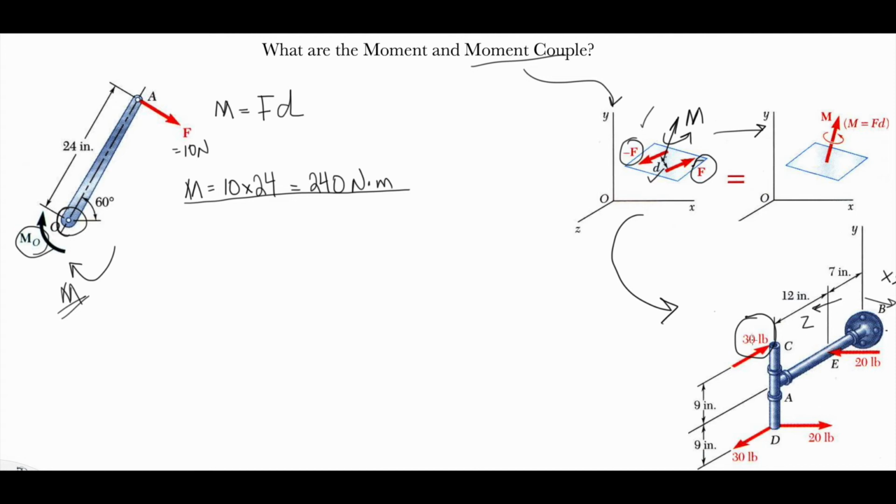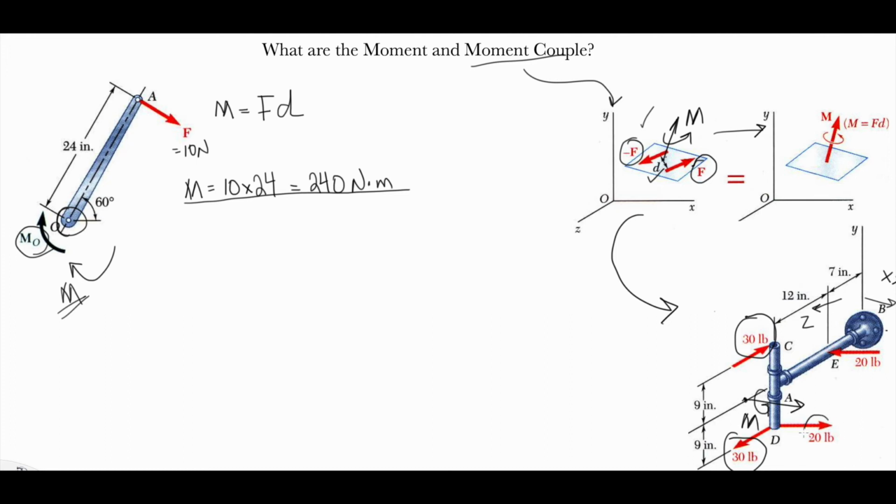So 30 is going in the negative Z direction, and this 30 is going in the positive Z direction. Since these two forces have the same magnitude, are parallel to each other and opposite in direction, they will cause a couple moment, M.